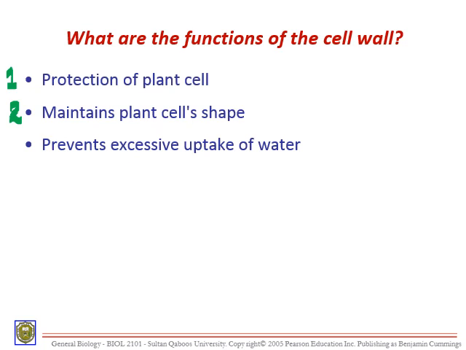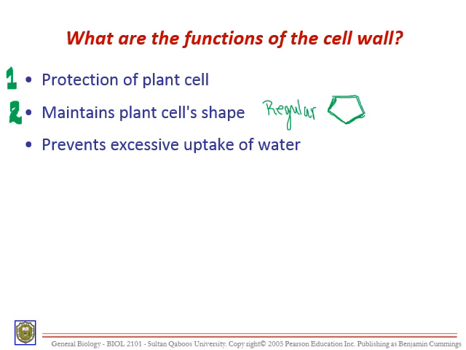We already mentioned this several times in the lecture. Plant cells have a regular shape, unlike animal cells, which have an irregular shape. Why do plant cells have regular shape? It's because they have the cell wall.